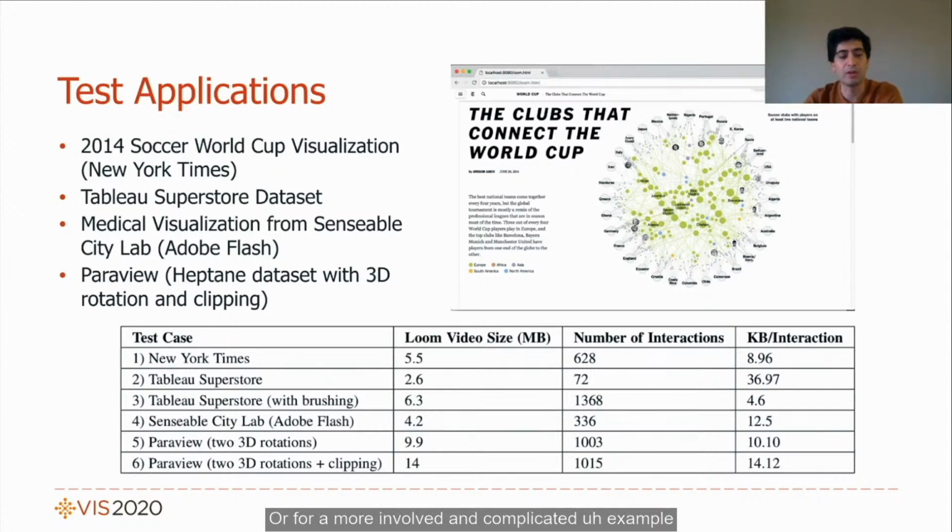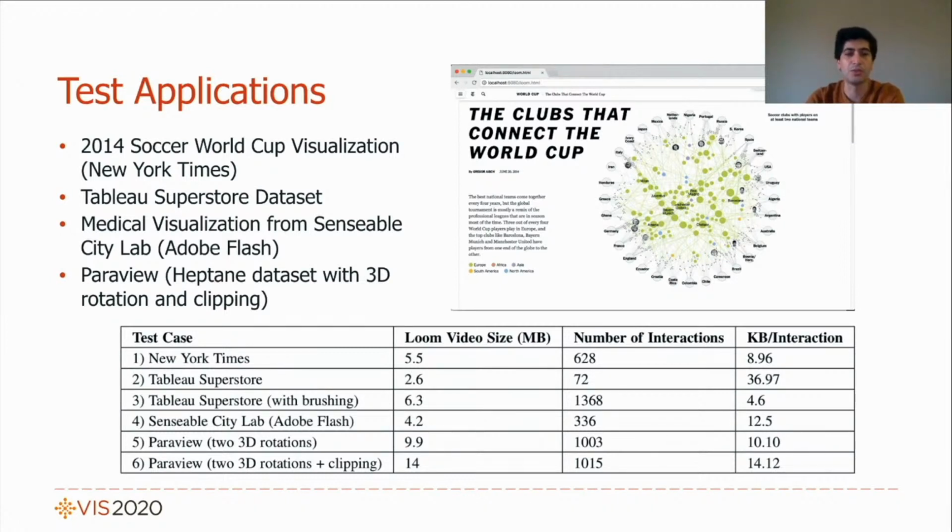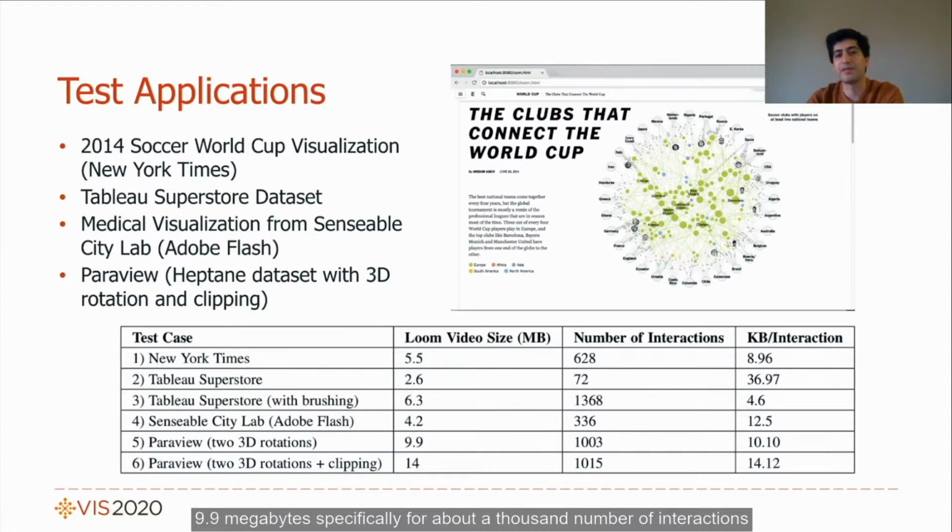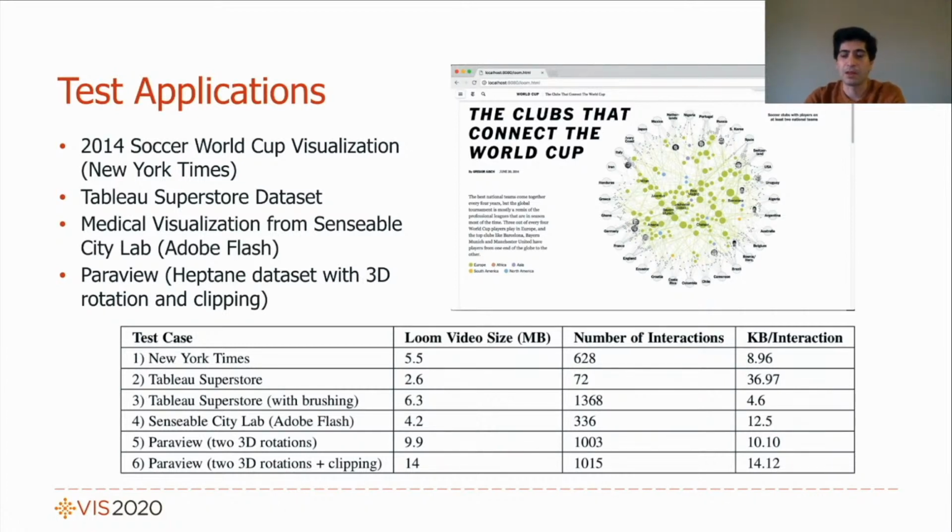Or for a more involved and complicated example, we captured a ParaView dataset with 2 3D rotations. The size of that one was under 10 megabytes, 9.9 megabytes specifically, for about 1,000 interactions. Overall, in our tests, the kilobyte per interaction ratio was under 40.